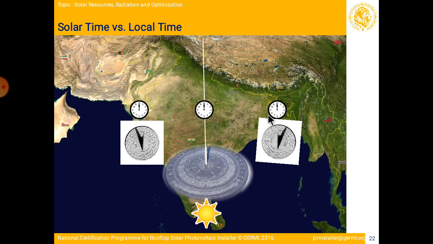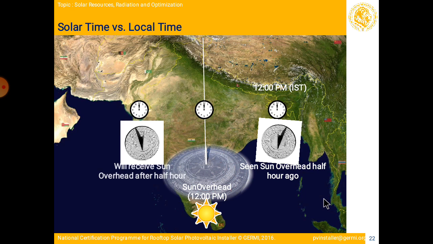Now this is the solar time versus local time that you are aware of. So let us see what the solar time and the local time are. So this is 12 p.m. Indian Standard Time, and we can see the sun was overhead half an hour ago. Before 12, around 11:30, the sun is on the head, and over here you can see that we will receive the sun overhead after half an hour.